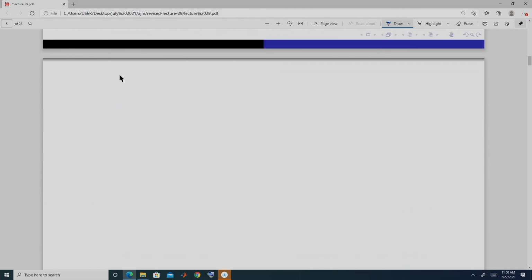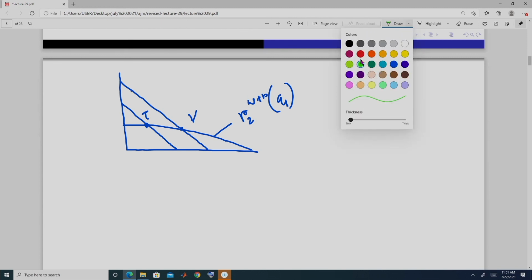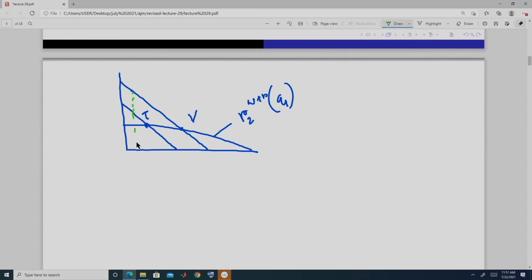Now, what can we see here? This is the point T, this is point V. So, we can have the reaction function of firm 1. If this is K1, then the reaction function is this green line.